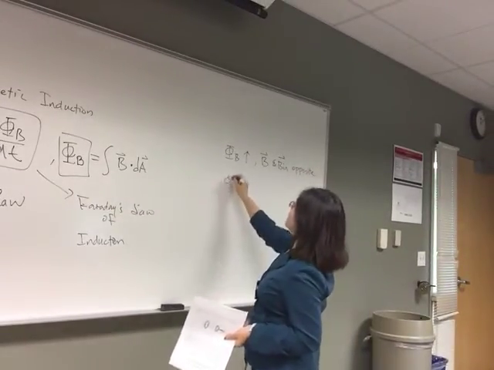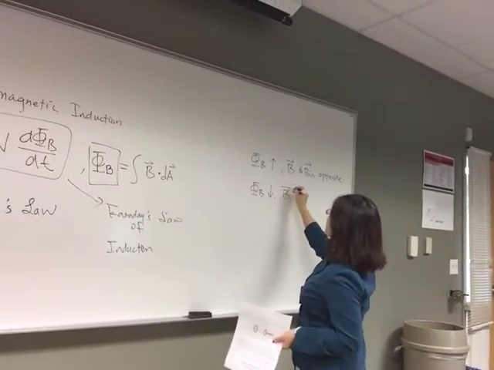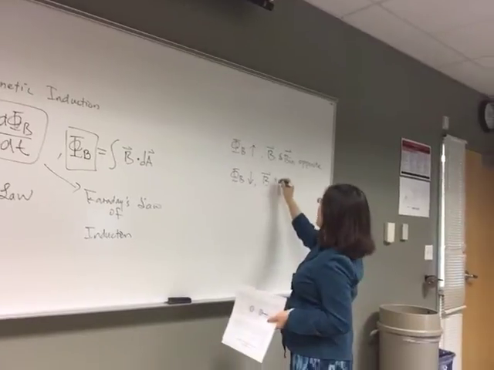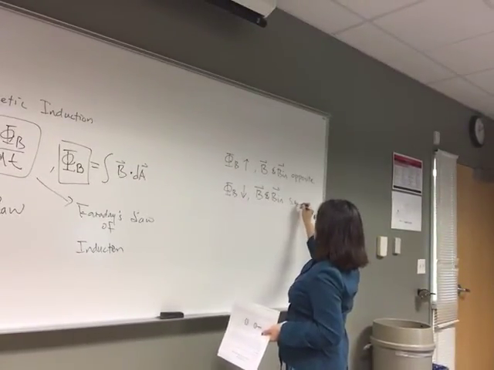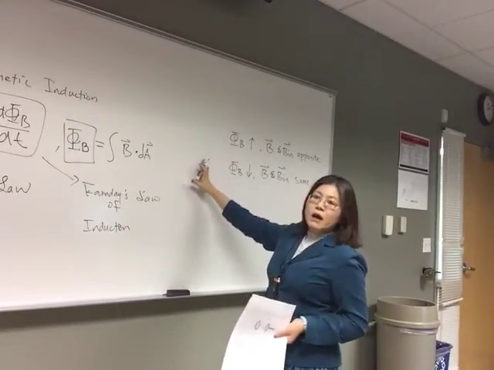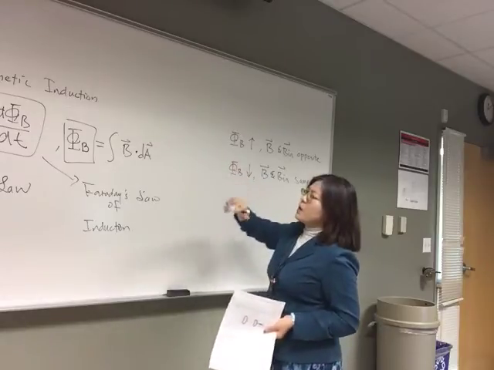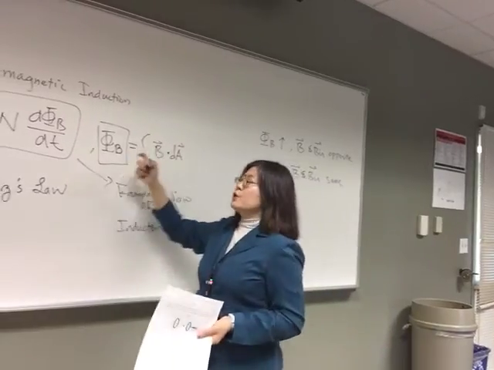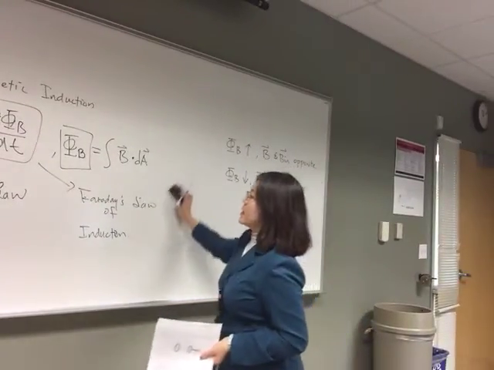And if the magnetic flux decreases, then the original magnetic field and the induced magnetic field have to be in the same direction, just to compensate for the loss. These are the guidelines or the laws to abide by when you want to determine in what direction the induced magnetic field is in relation to the original magnetic field.